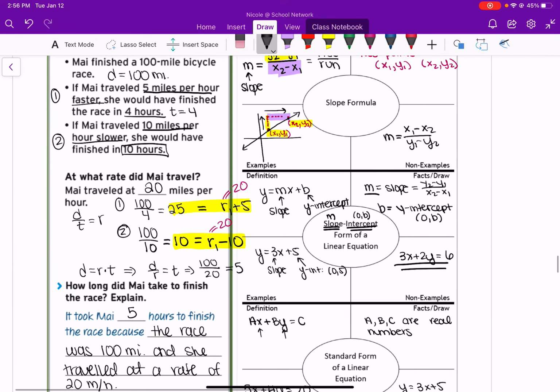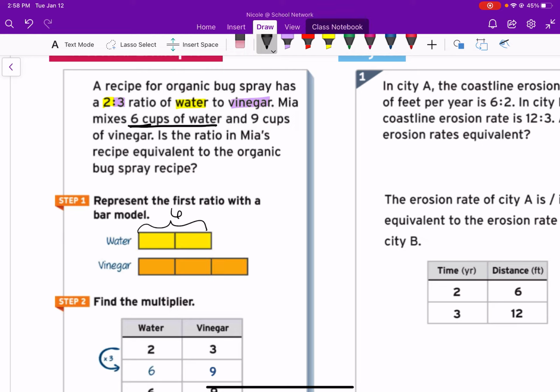Again, we can go just based off the model if we wanted. If this was 6, because we have 6 cups of water right here, each one of these boxes would have to be 3, because 3 plus 3 is 6. And so is this 9? It is, right?